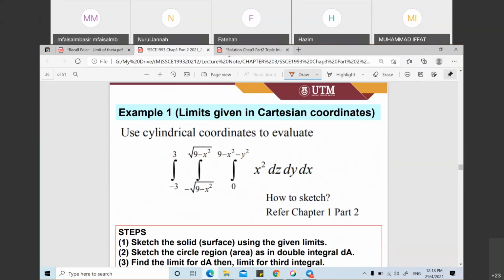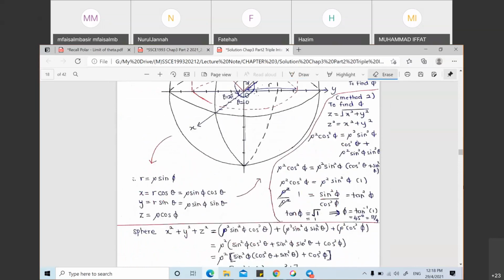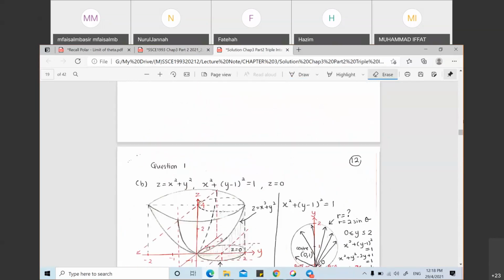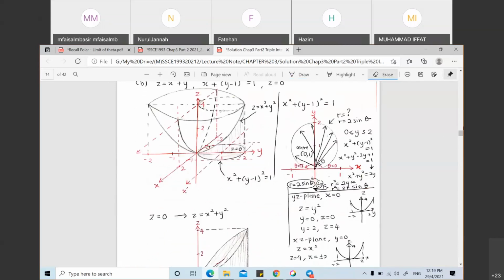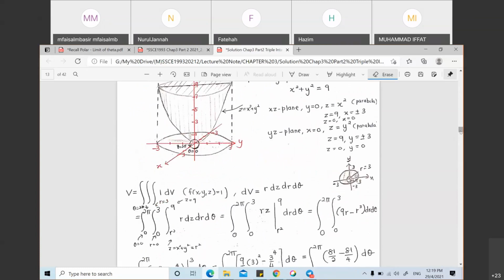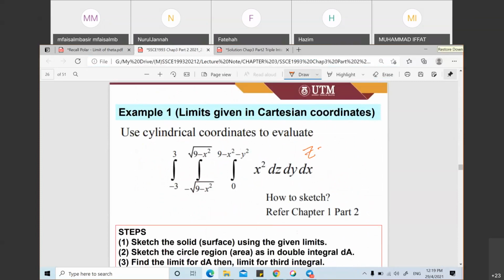Example 1. You see z equals 9 minus x squared minus y squared.